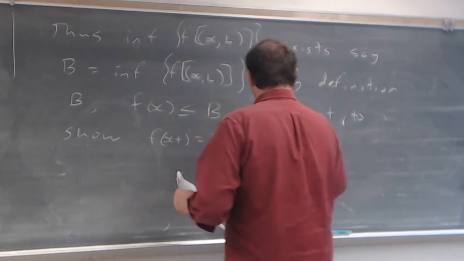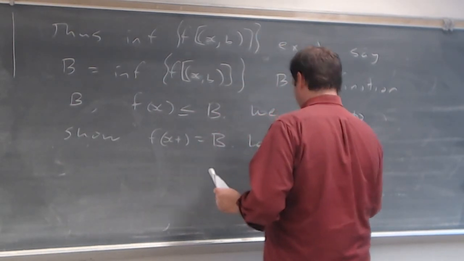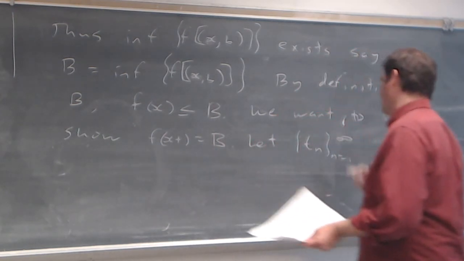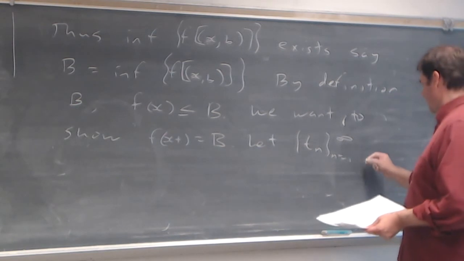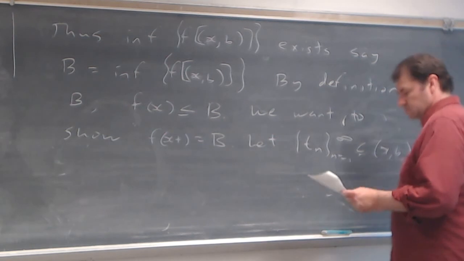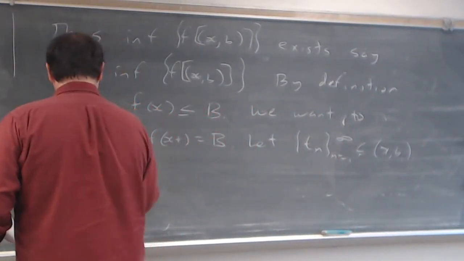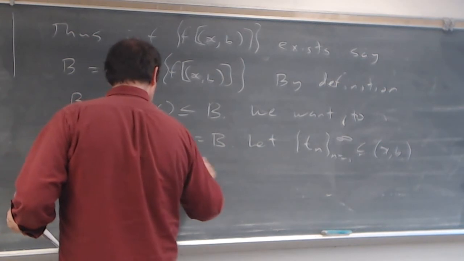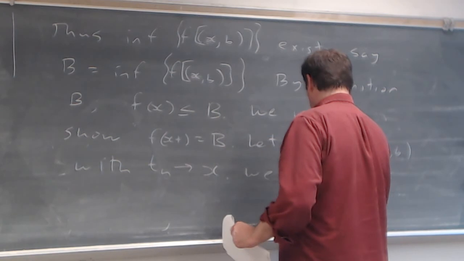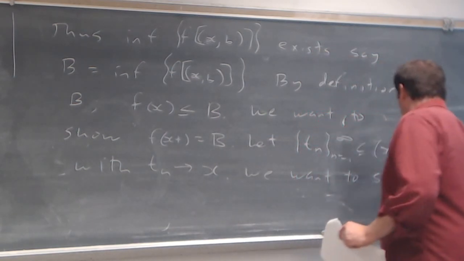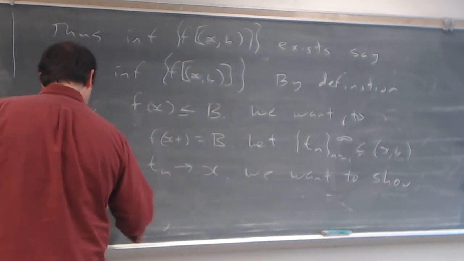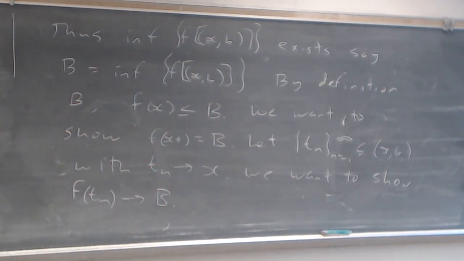So how do we do this? Well, you give me any sequence that's coming in from the right of x, let's call it t sub n again. This is a different sequence than we had before, even though I'm using the same symbols. So let it be a sequence in x to b, with t sub n converging to x. We want to show that f of t sub n converges to b.